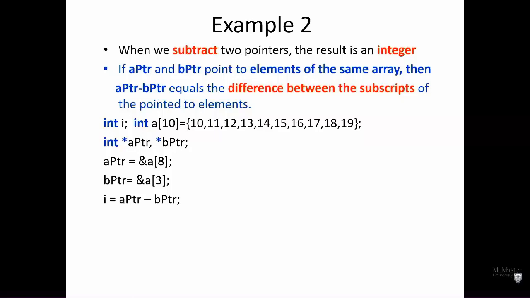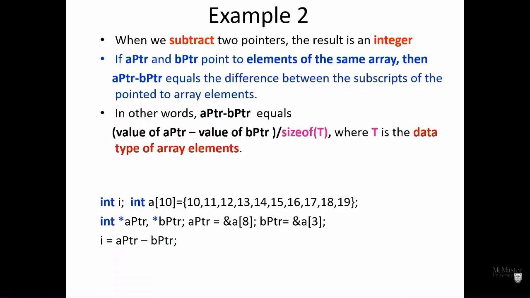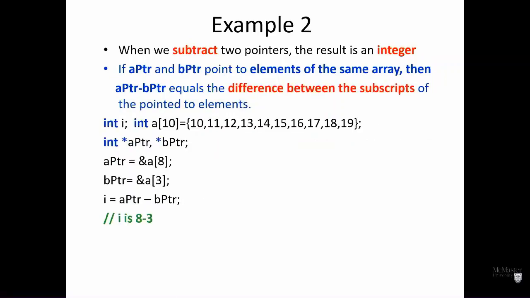Well, I should add different numbers here, because in both cases it will be 5, but that's bad. Yeah, thank you. So basically, A pointer minus B pointer will take the difference between the indices, the entries, right? Not the values in the entries, but here it happens to be the same, right? Good. So it's 8 minus 3, not 18 minus 13. This is a bad example. Okay.